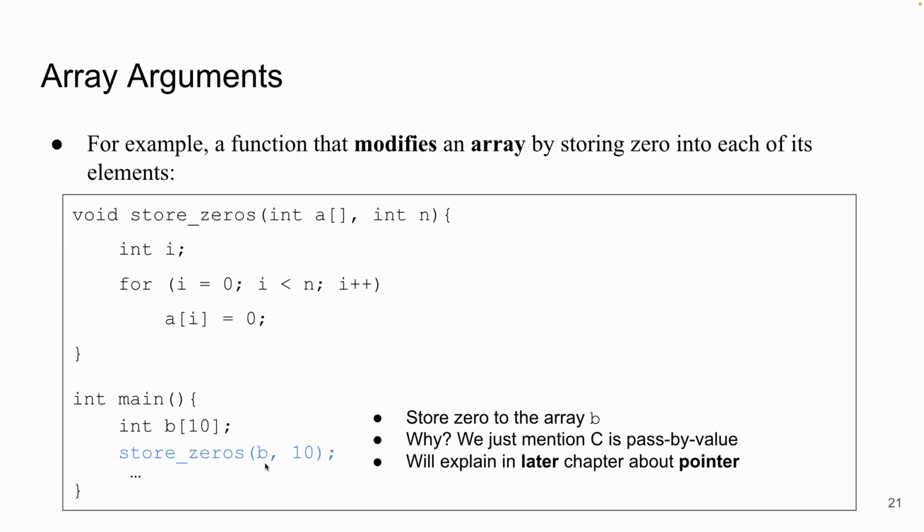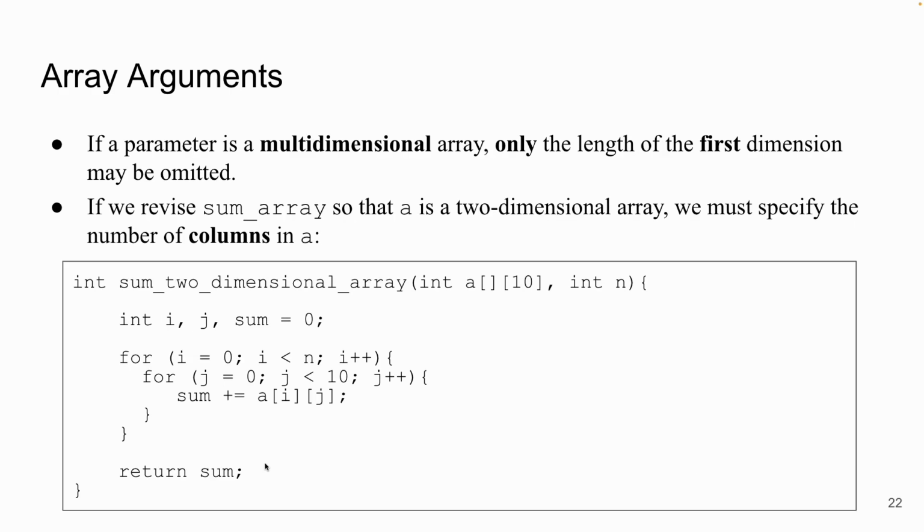The previous example was about using a 1D array as parameter and argument. In this example, I want to show how to use a multi-dimensional array as parameter and argument. If we have a parameter that is a multi-dimensional array, like in this case I have a 2D array A, only the length of the first dimension can be omitted.